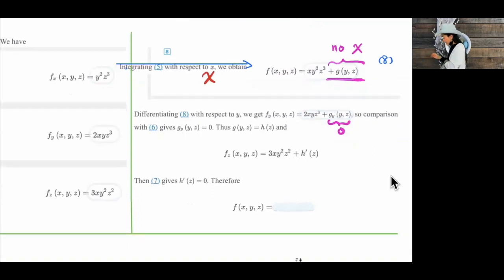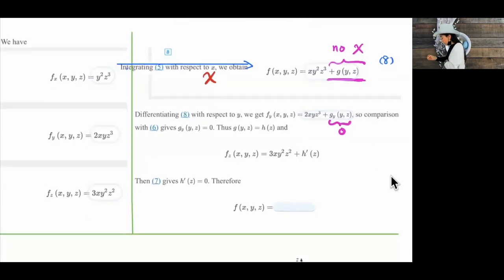All right, so if that equals 0, what does it mean? The partial derivative of g with respect to y equals 0. That means the g over here is going to be like a constant with respect to y, right? So if it equals 0, that means g is independent of y.